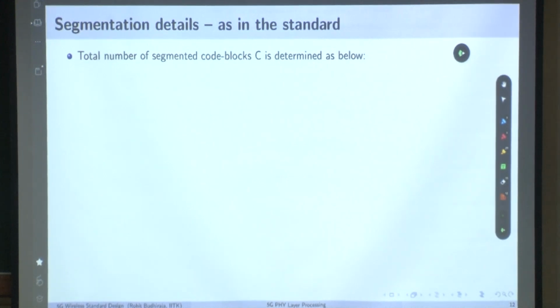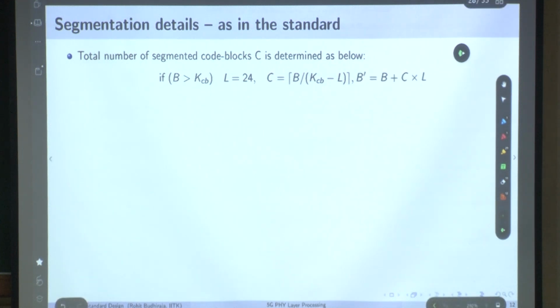How do you determine the total number of segmented code blocks? If B is greater than KCB, where L is the code block CRC, then the number of code blocks C is the total size B divided by KCB, the maximum length 8448, minus L, because you are leaving place for the code block CRC, right?